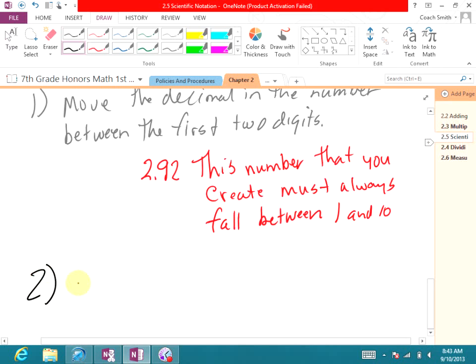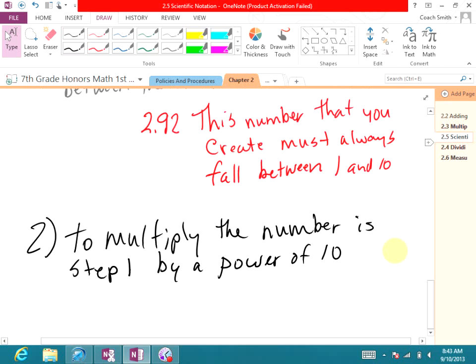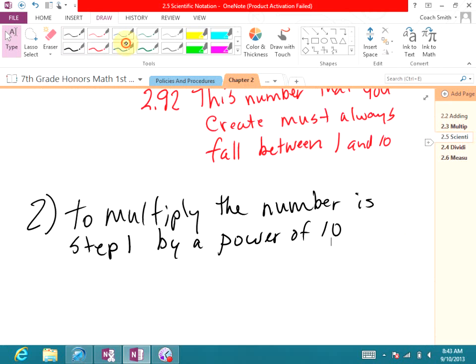The second step is to multiply the number in step 1 by a power of 10. So I'm going to take 2.92 and multiply it by a power of 10.